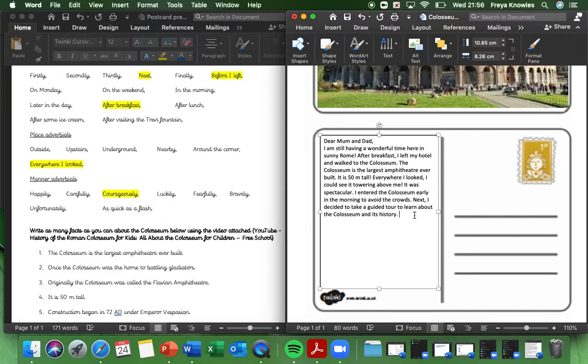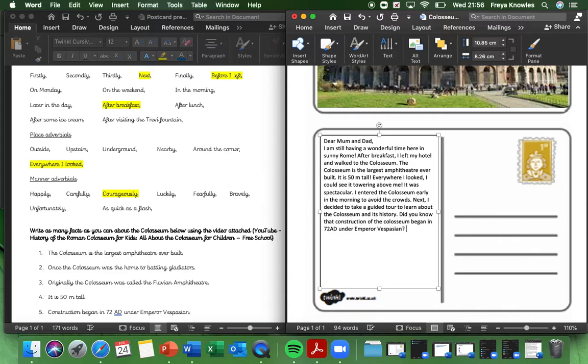We could use a rhetorical question next. So, did you know? Remember, a rhetorical question is a question that you don't expect an answer from, but it makes the reader think. So, I'm going to say, did you know that construction of the Colosseum began in 72 AD under Emperor Vespasian?